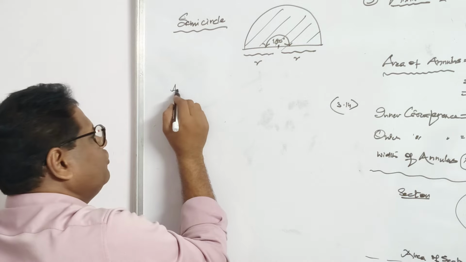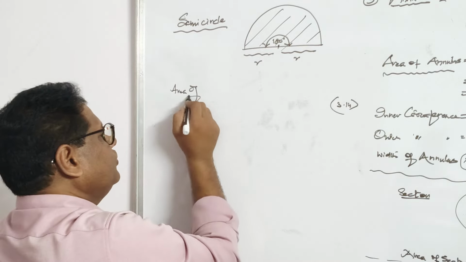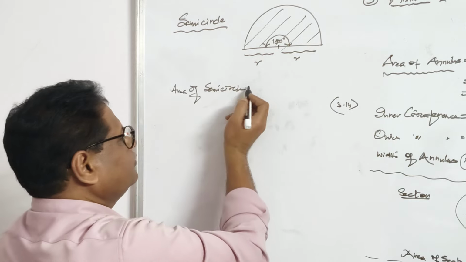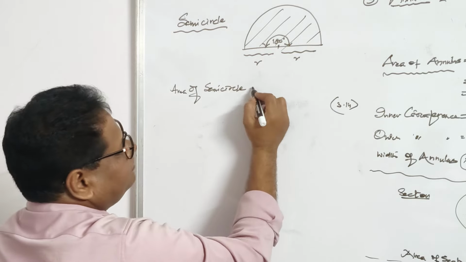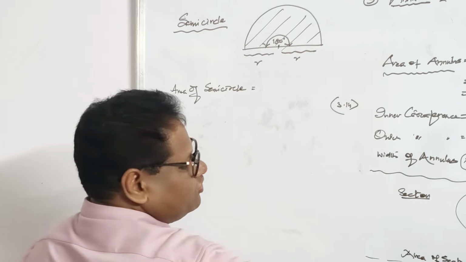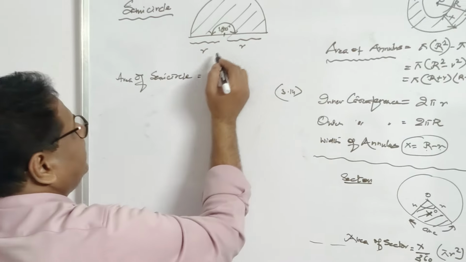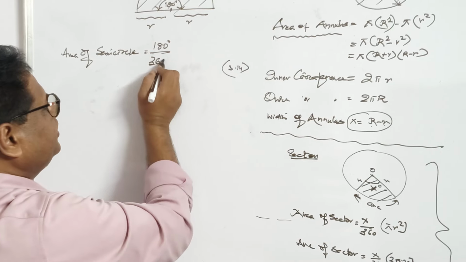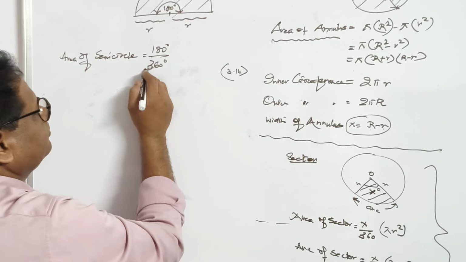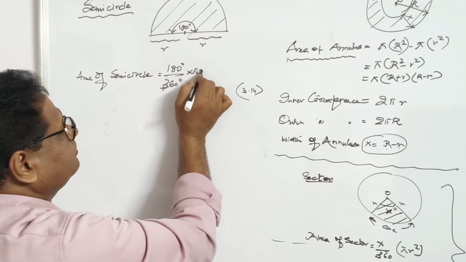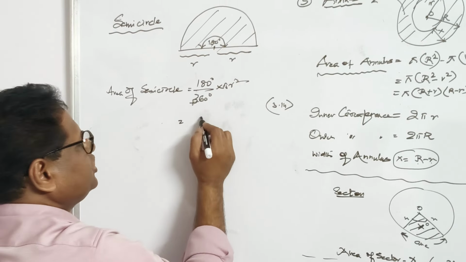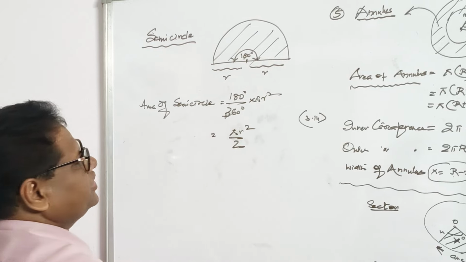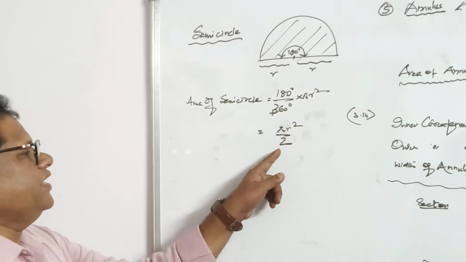So for area of semicircle, applying this formula, x is 180 degree divided by 360 degree into pi r square. So that comes to pi r square by 2. This is the area of semicircle. You can apply this directly.